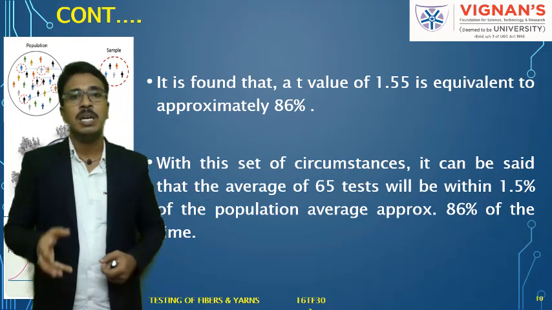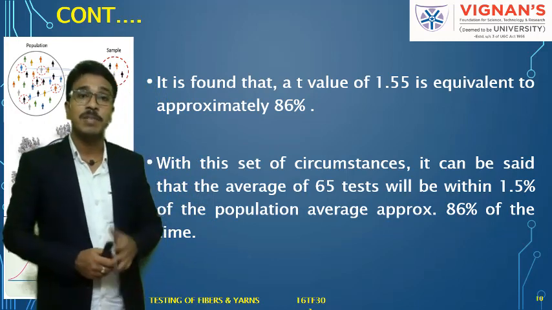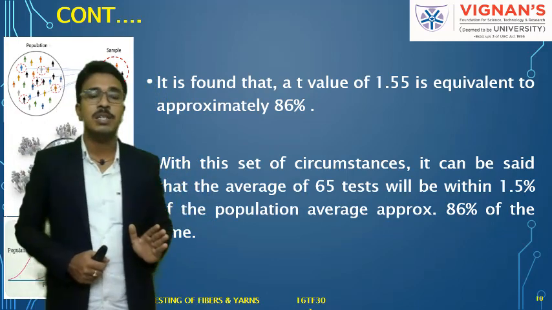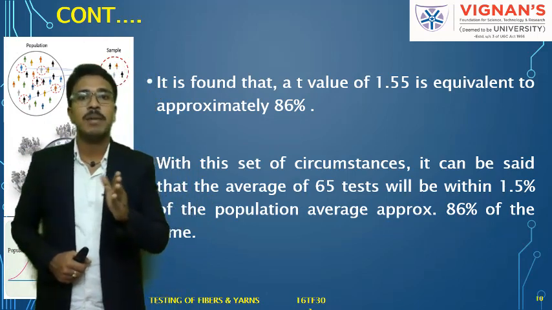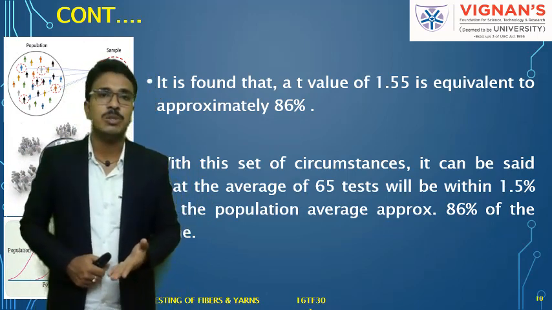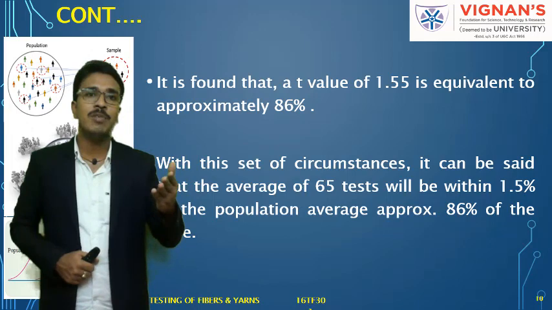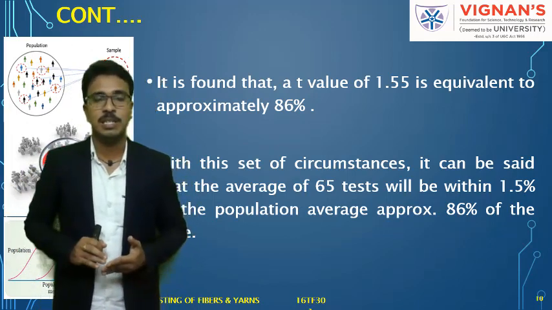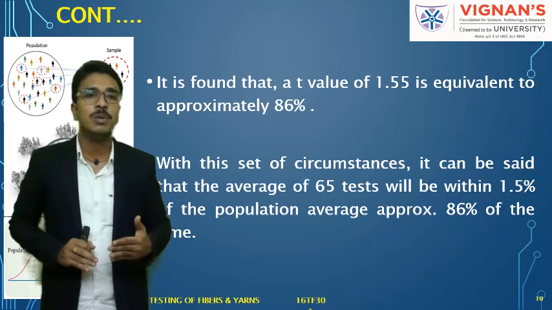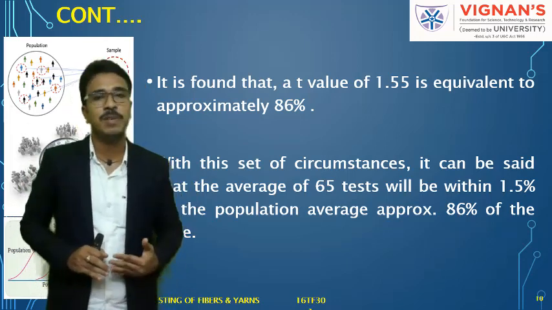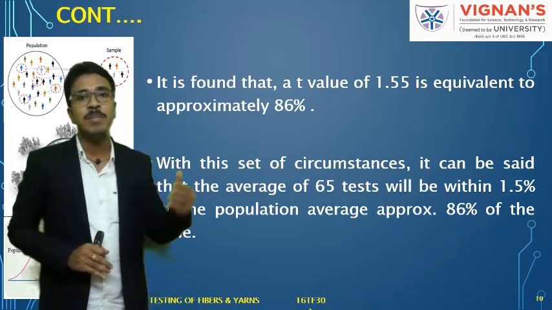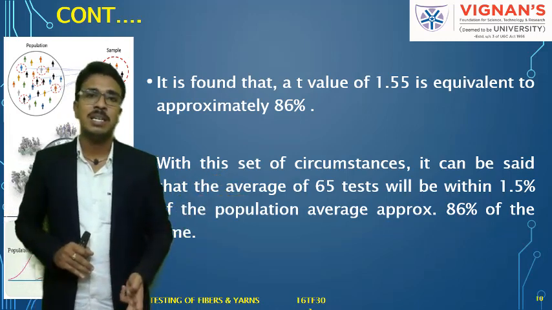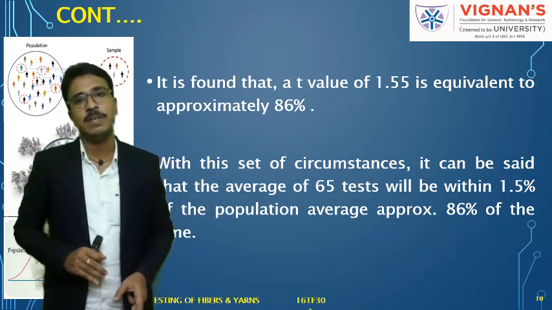So by getting all these details, like the average, standard deviation, percent error and probability, you can easily find out the sample size from the formula n is equal to t square into v square by capital E square. Here the t value we can get from the table based on the probability percentage, and the v value, which is nothing but the coefficient of variation, we can get from the population average and standard deviation.